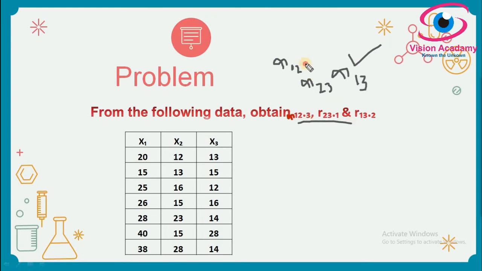Otherwise, firstly you need to calculate these using the raw data. When you are given raw data, you need to first find out R12, R23 and R13. Thereafter you can apply the formula.